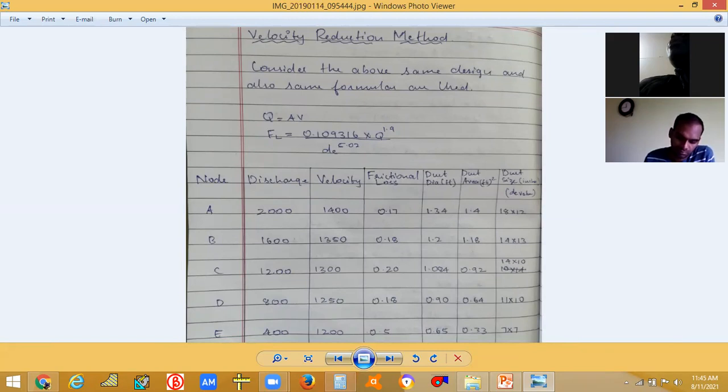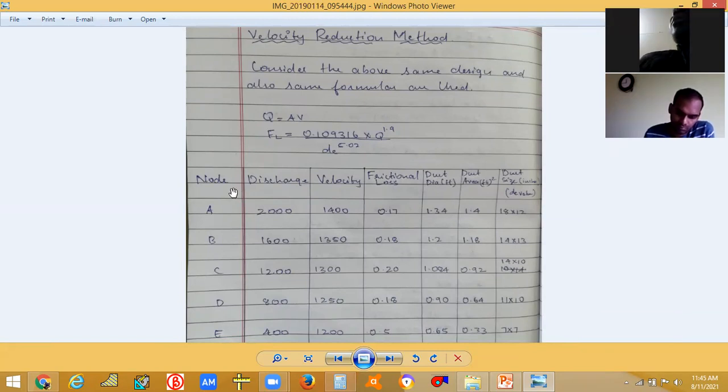and we can write, consider the above same design and same formula used. You can write the same tabular column also: node, discharge, velocity, frictional loss, duct dia, duct area, and duct size, and complete this for node A and discharge.